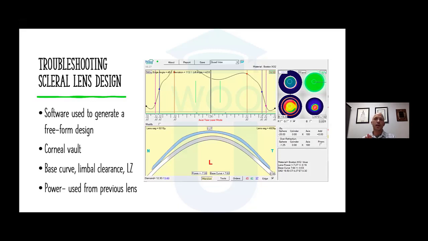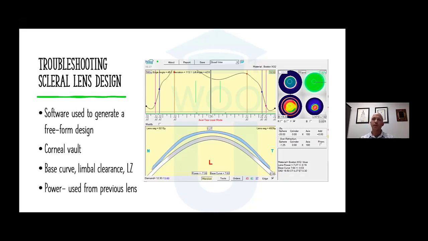So Dr. Jedlicka then uses software to design a more free-form scleral lens for the patient's left eye. He is able to use the software and recommend a corneal vault that he would like to have.